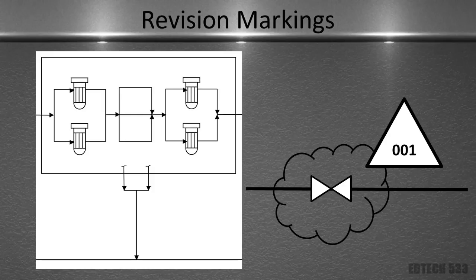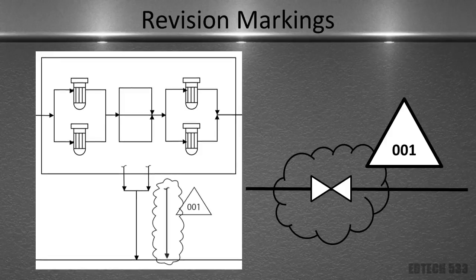If I was to have all revisions' clouds, I'd have a very cloudy drawing, and then it would be very difficult to read. So here's an example of how it might look on a drawing. We've added a drain, therefore we put the cloud around it, and we have the revision marker with the revision number on it.